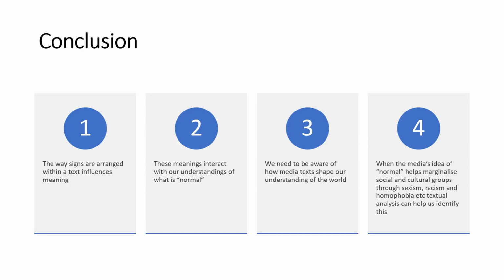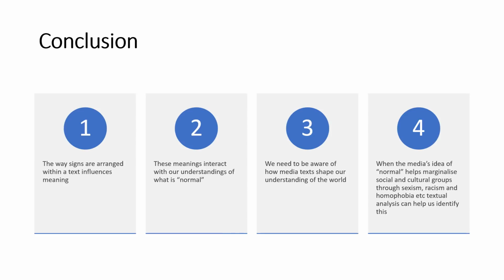So we started today with this idea that the way signs are arranged influences the meaning of a text. So we looked at syntagm and paradigm, and how the various choices that we make influence the meaning of a text.